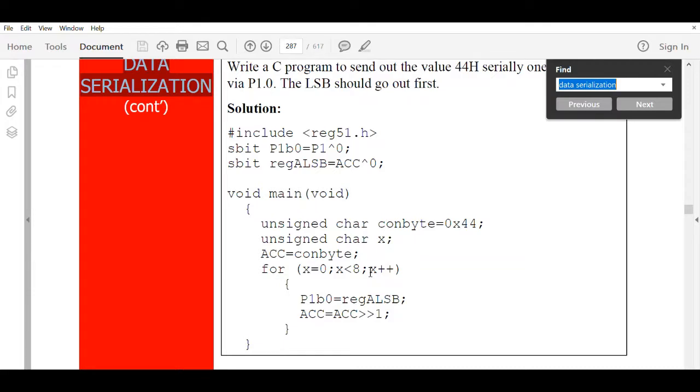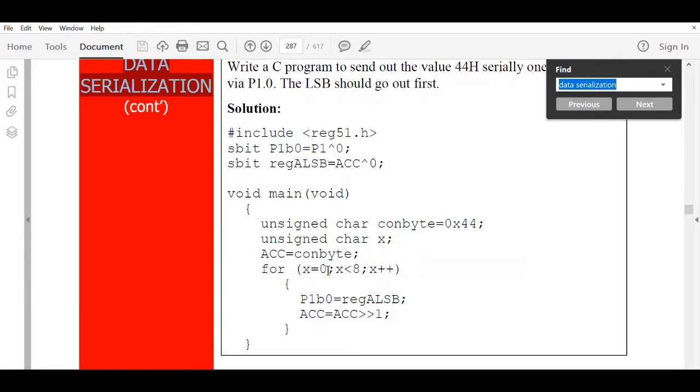The accumulator, we know, is 8 bits long. So x from 0 to less than 8, which means up to 7. So 0 to 7 means 8 bits: the accumulator's 0th bit to 7th bit.